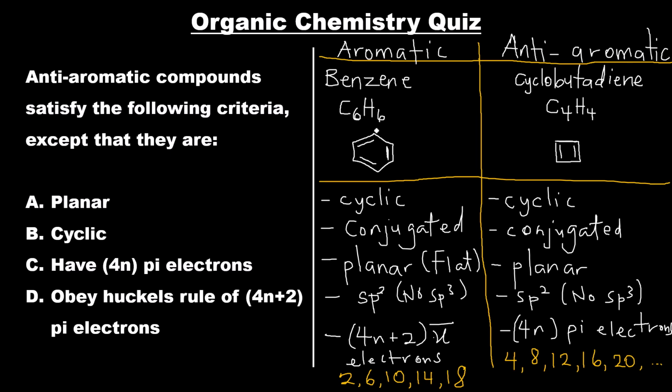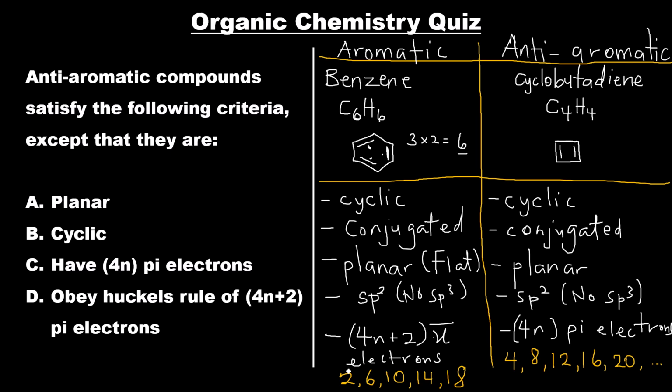So for this double bond here, one of them is a pi bond, and each bond has 2 electrons. So this is a pi bond, which means we have 2 pi electrons here. We have 1 over here, so 1 pi bond here, another pi bond, another pi. So we have 3 pi bonds, and each of them has 2 electrons. So 2 times 3, that gives us 6. So that means benzene has 6 pi electrons.